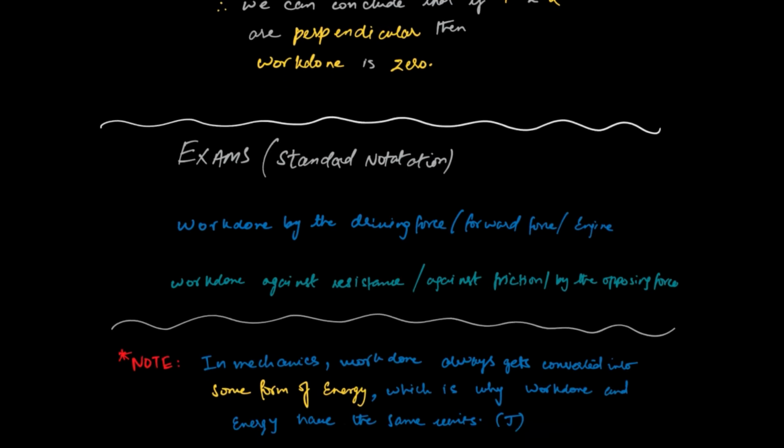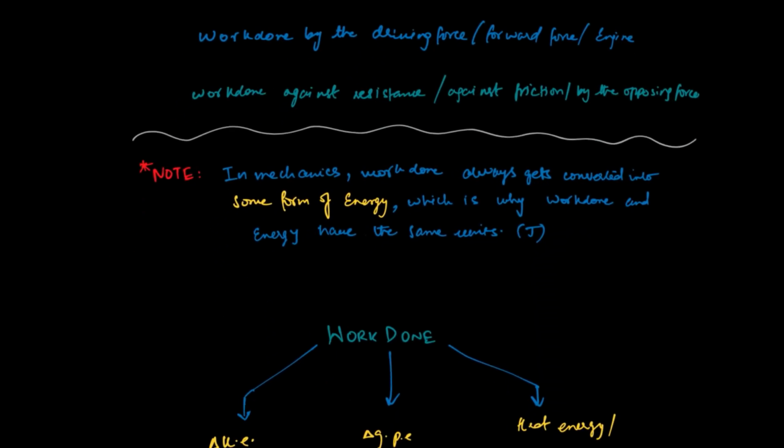Okay, now moving on, there is a small note, which is similar to the law of conservation of energy, which says that in mechanics, work done always gets converted into some form of energy, which is why work done and energy have the same units. The law of conservation of energy says that energy can neither be created nor destroyed, but rather it changes from one form to another.